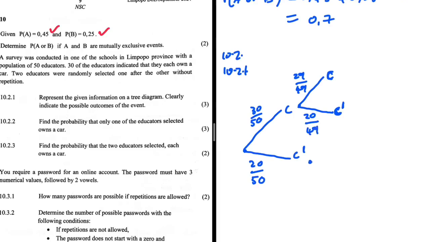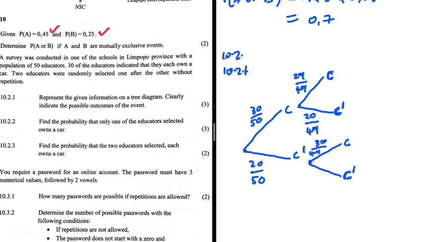Okay, and then let's take a look at the other way. The first teacher selected does not have a car. What will be the probability that the next teacher selected has a car? The teachers with cars is still 30, right? But the total is now 49. And then now the other outcome, teacher with no car.